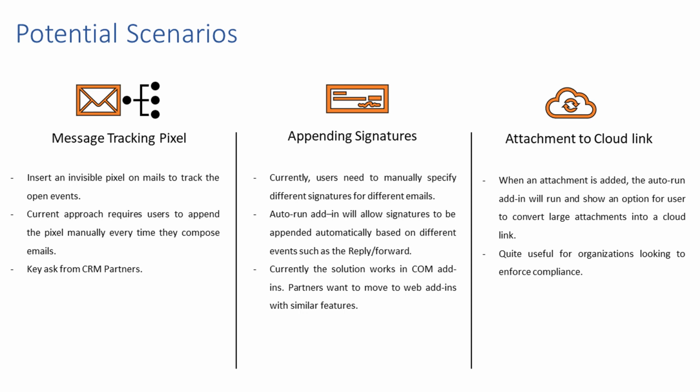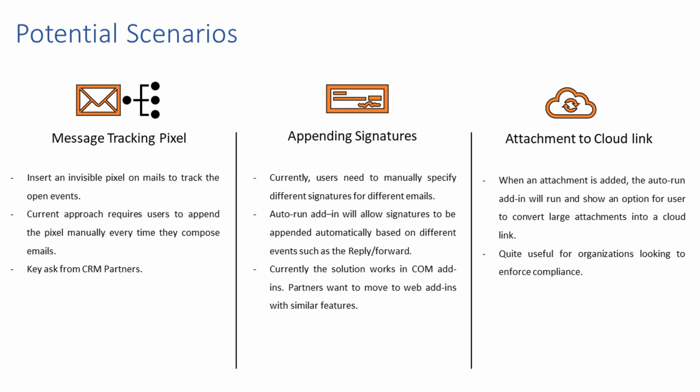Now, we have seen many scenarios that require this. This is just to give you ideas of how you can use these new capabilities. Message tracking is one of them. We have many partners that are building tracking email solutions. And basically the way they work is that they insert an invisible pixel on the email.